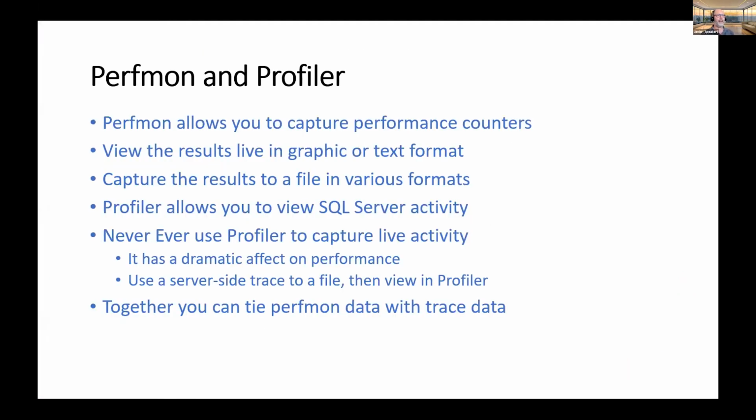So let's start with Performance Monitor and Profiler. Most probably these two tools are the first two tools that you used when you started into the DBA world, right? Performance Monitor to trace your Windows environment for activity, CPU activity, memory, and also when SQL Server is installed, you also have a bunch of metrics and counters that you can collect from Performance Monitor.